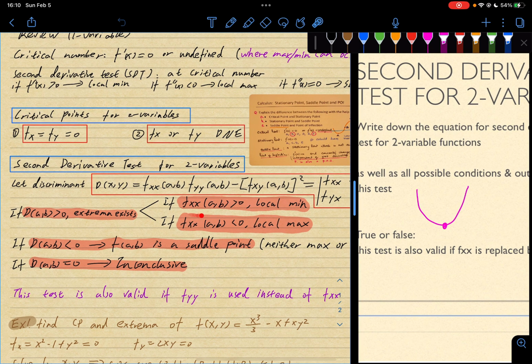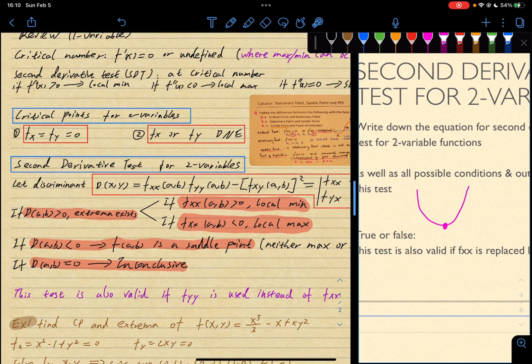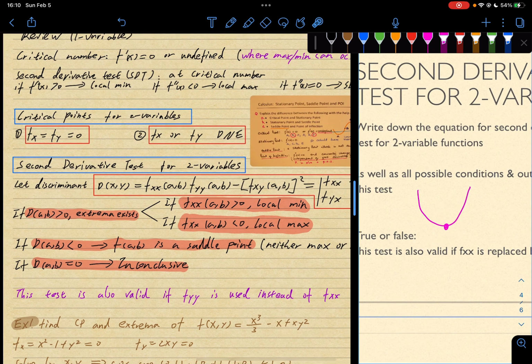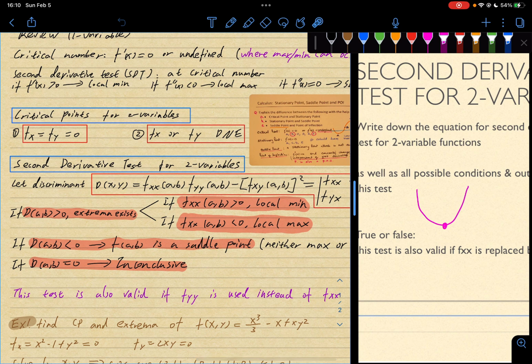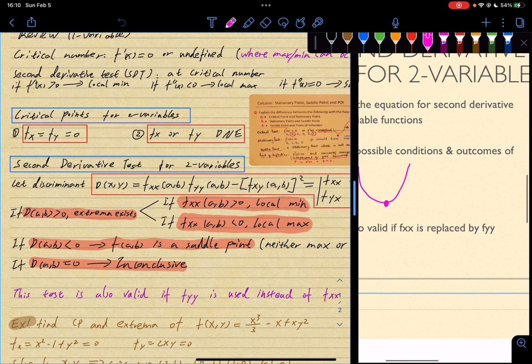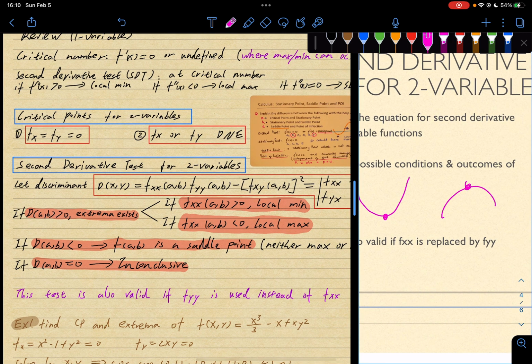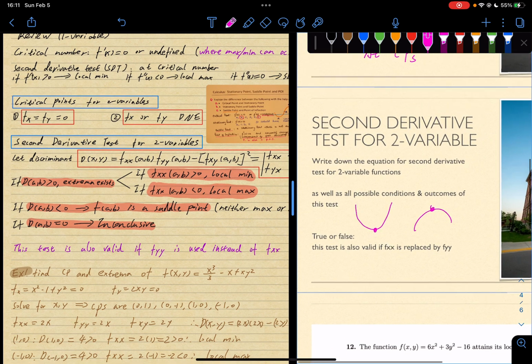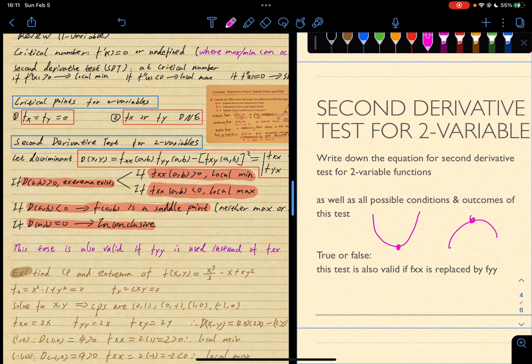So if fxx is, think of it as the quote unquote curvature, even though it's not really the curvature, we're using that similar idea. So if this is curvature, if it's greater than 0, it's concave up, then it's local minima. And if it's concave down, you have a negative curvature. So the second derivative is smaller than 0, so it's going to be a local maximum. So that's how I can use the idea of curvature to help me with the memorization.